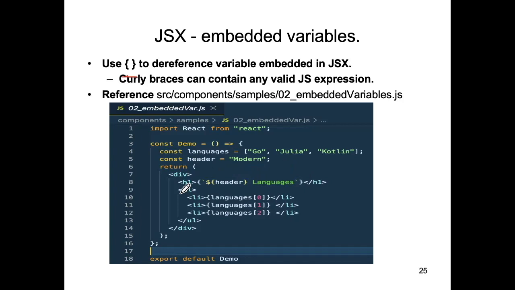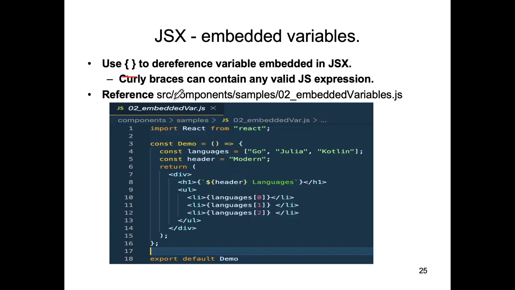Then I've got a UL list, and I've got some LI elements, and in the LI elements, I am accessing my languages array that I've defined up here, and I'm just indexing into elements within that array. So the overall point is, use your curly braces. That's how you embed variables or expressions in your JSX.